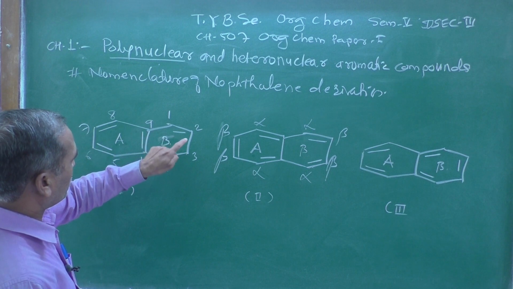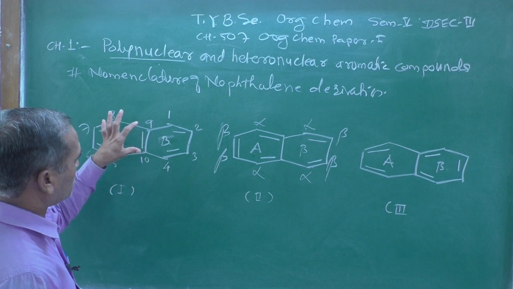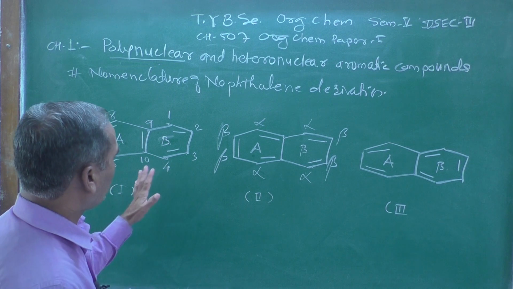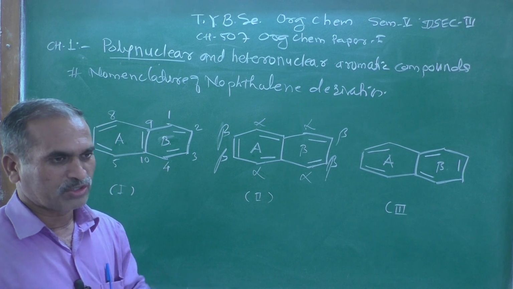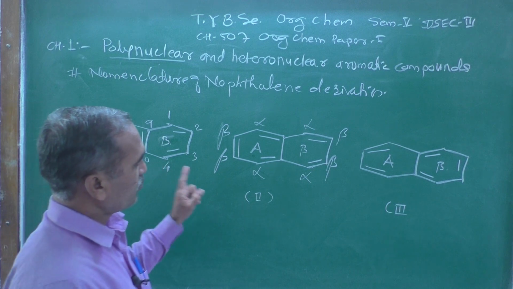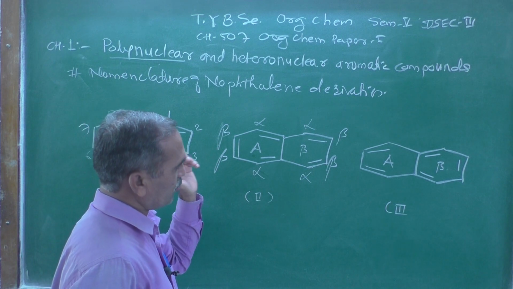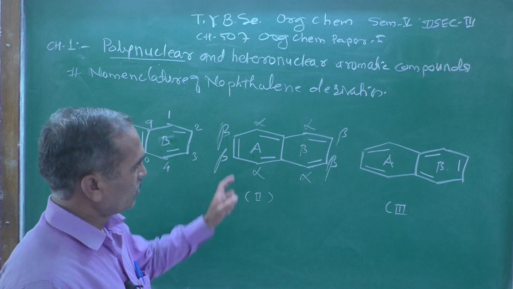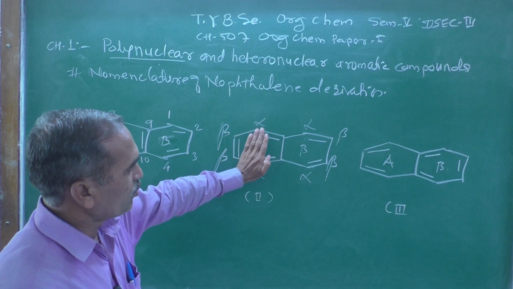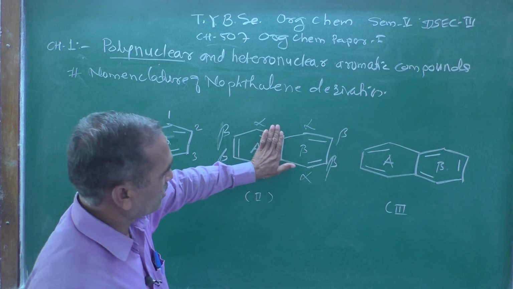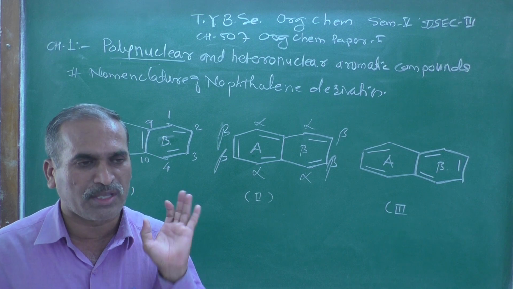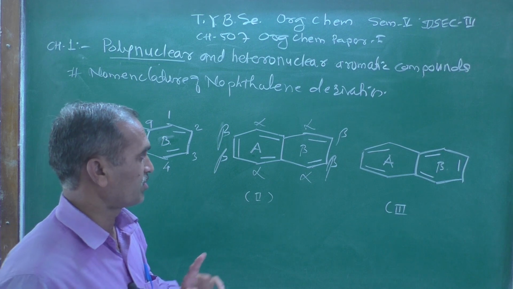This double bond is common to both the rings, and therefore both rings are aromatic in nature. But if you observe the second structure very closely, you will find that the A ring is aromatic in nature, but the B ring doesn't seem aromatic in nature.